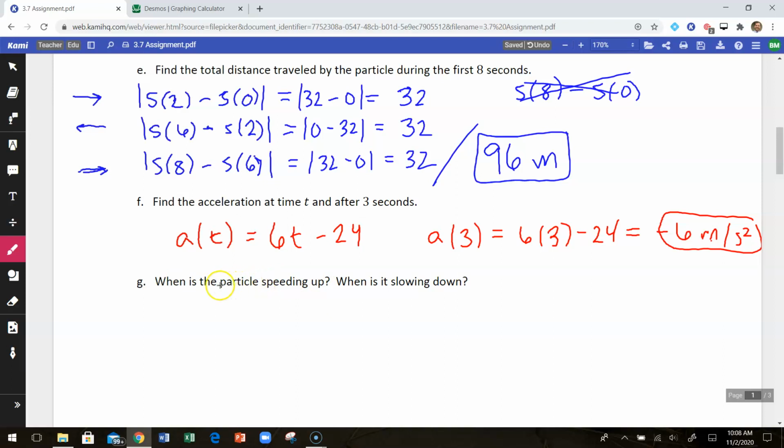That's a common mistake that people make here. We say, well, if I want to speed my car up, I push on the accelerator, and if I want to slow it down, I push on the brakes. But those things imply that your vehicle is moving forward. If my velocity is positive and my acceleration is positive, I hit the accelerator and my car speeds up.